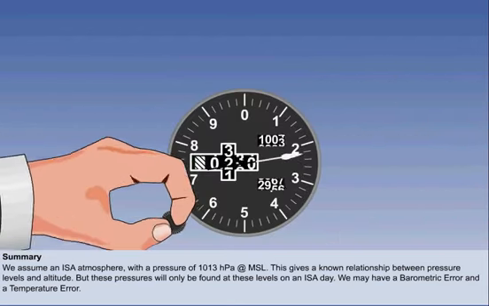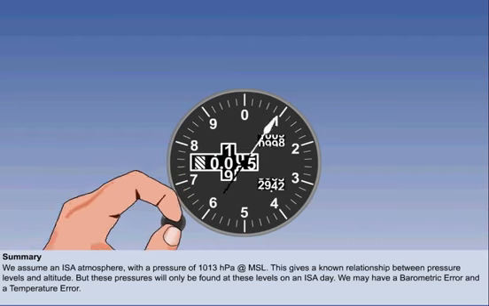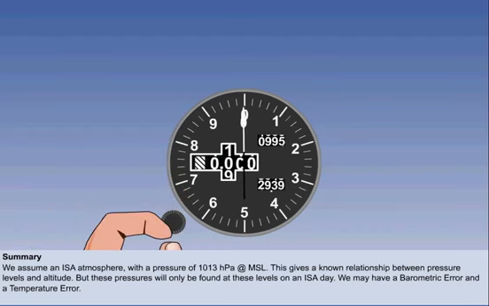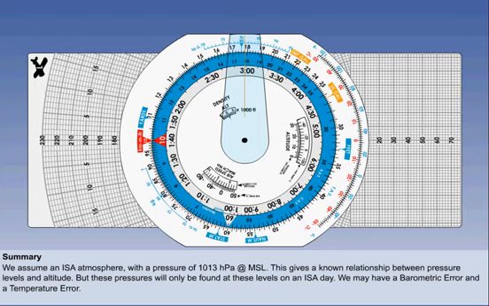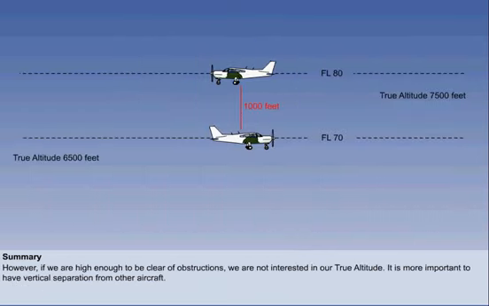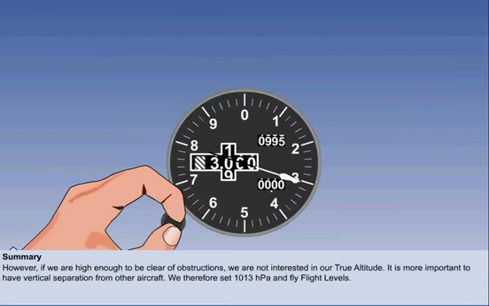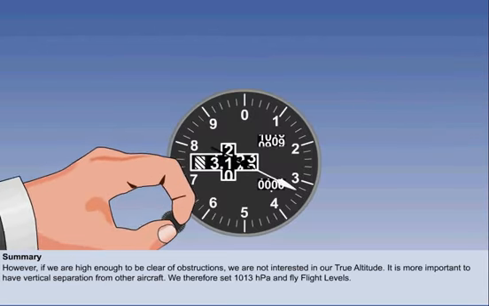We therefore have to set our altimeter to a known datum pressure, and, if necessary, correct for temperature error. However, if we are high enough to be clear of obstructions, we are not interested in our true altitude. It is more important to have vertical separation from other aircraft. We therefore set 1013 and fly flight levels.